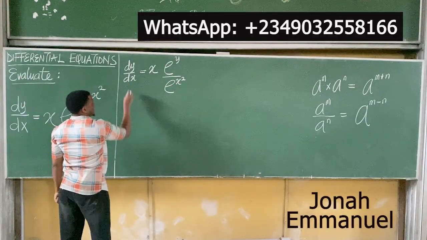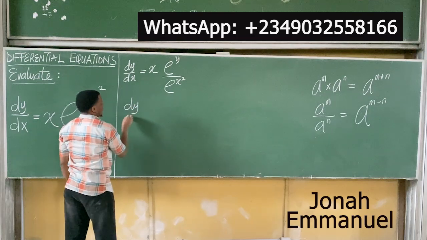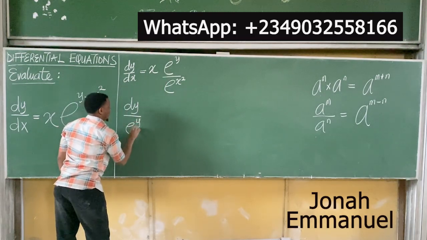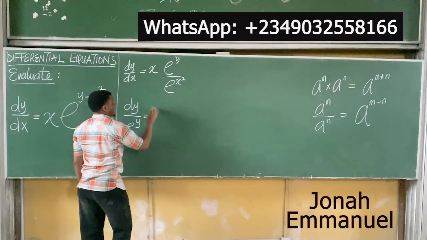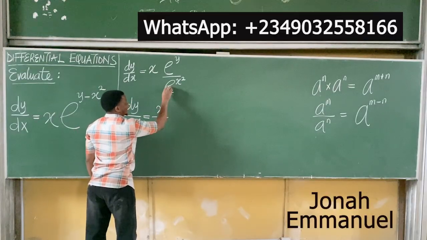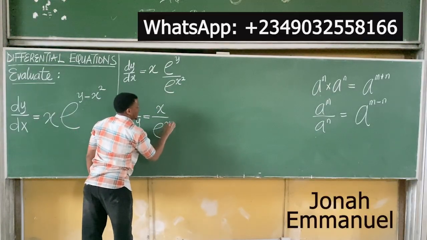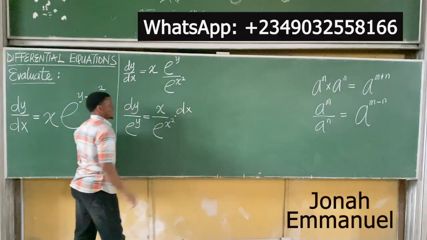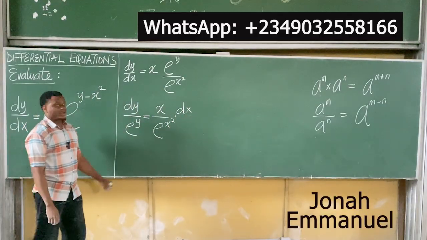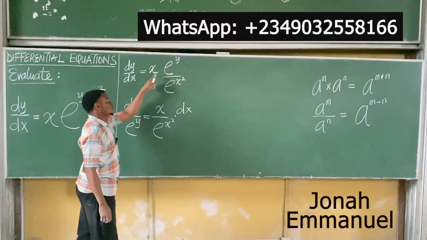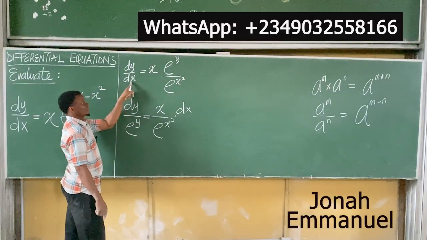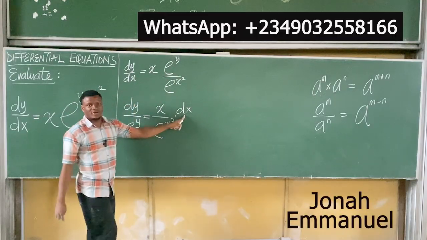So what I will have now is dy all over exponential y, equal to x all over exponential x squared times dx. That's cross multiplying. This one that was a numerator comes here as a denominator, and this one that was a denominator goes up here as a numerator.